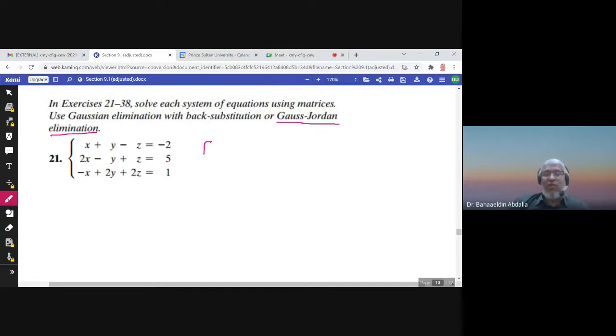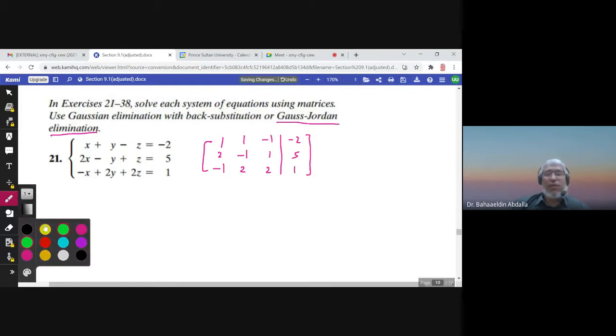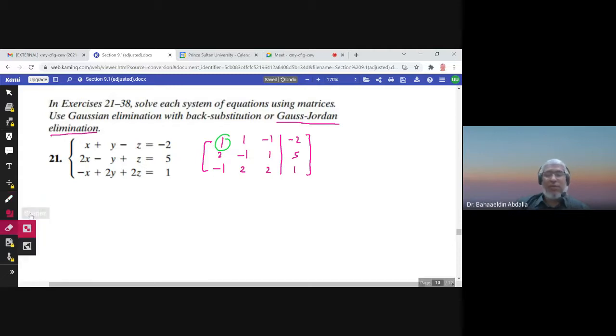As usual, first write the augmented matrix. All right, this number must be 1. Alhamdulillah, it is 1. That's excellent.